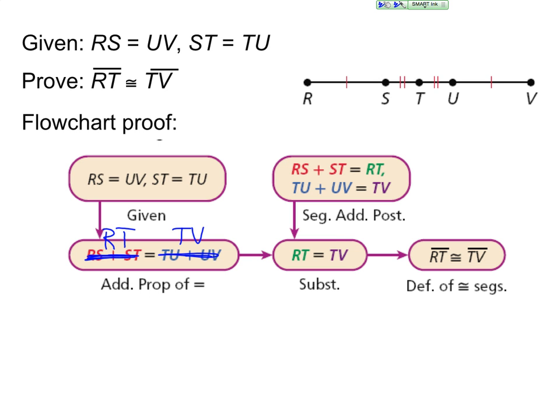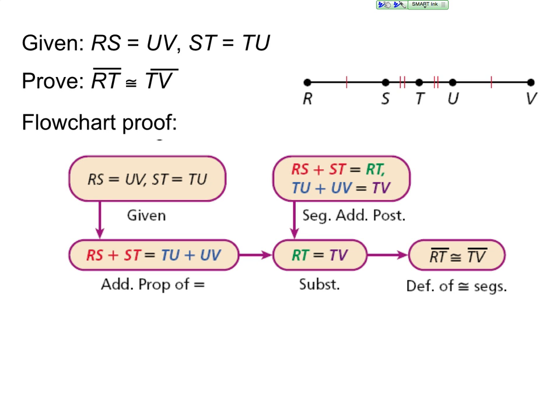Why did you have to change from this to the end thing? Look what you're trying to prove. You were trying to prove congruent. You have to get to the congruent. So we had to switch from equal measures to congruences to really prove what we were doing. All right, do you understand statement, reason? Where the information is? Now, if this were a two-column proof, how would it probably be numbered?